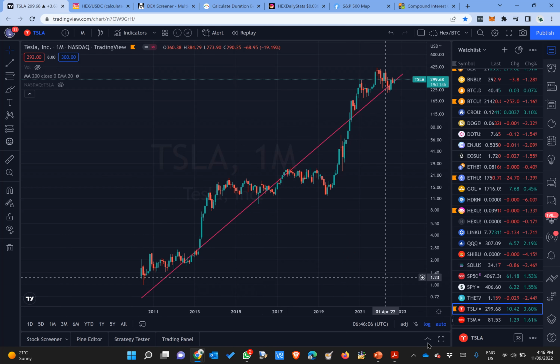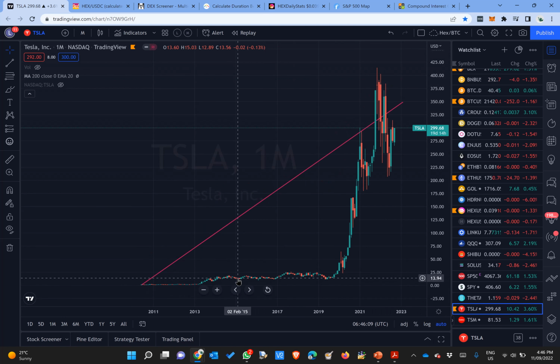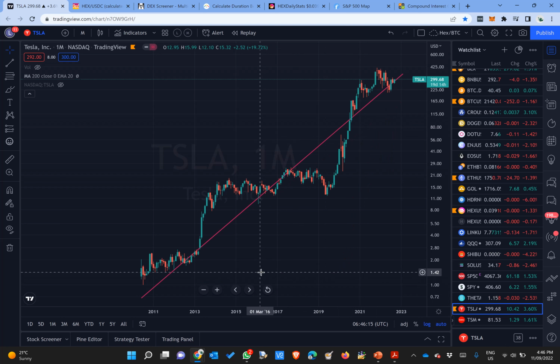Then you will see it, because otherwise, there is massive growth in this section here, but you can't see it. So if you turn it into a log scale, you can see that it actually does follow a trend line since it was IPO'd back in 2010.